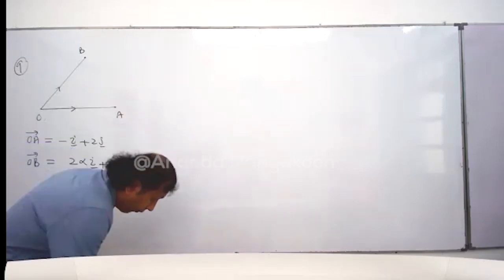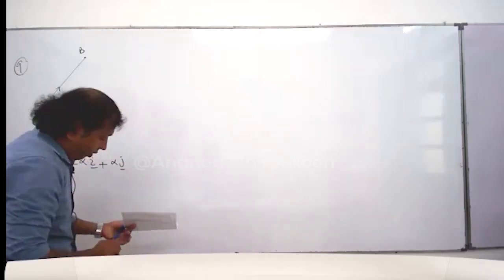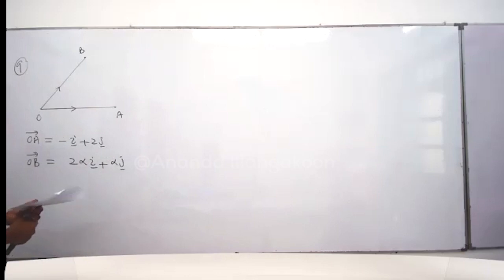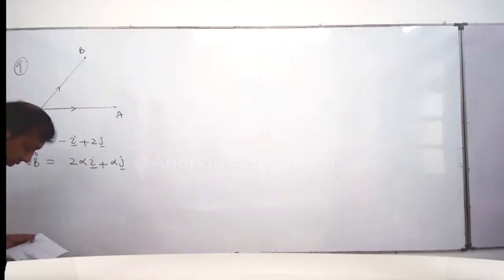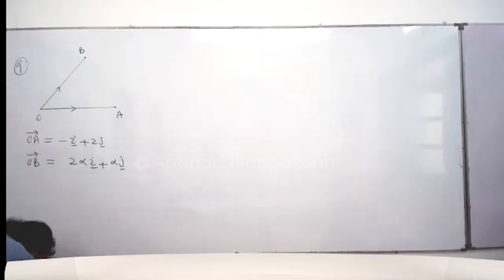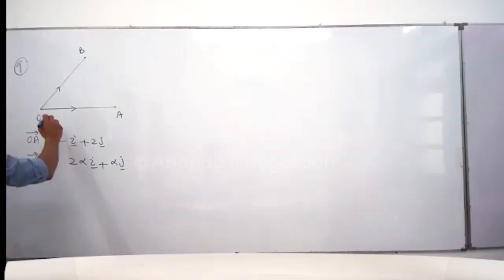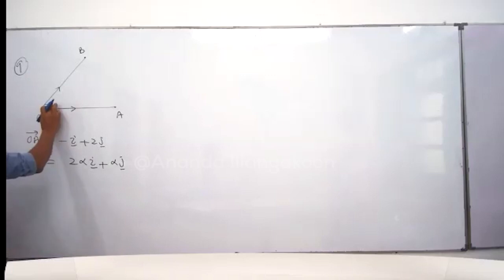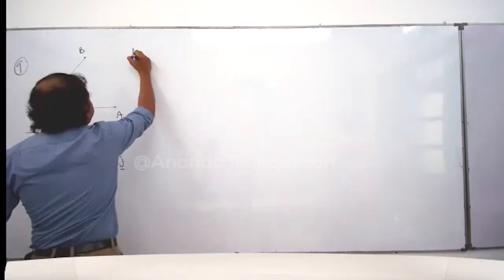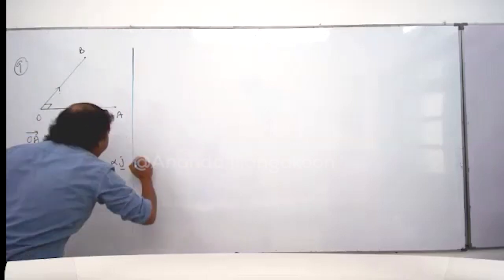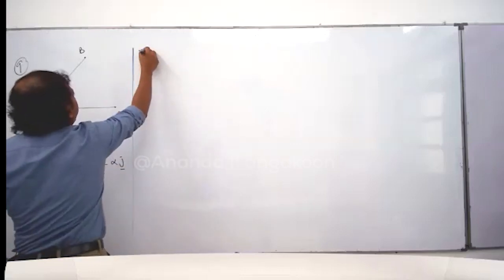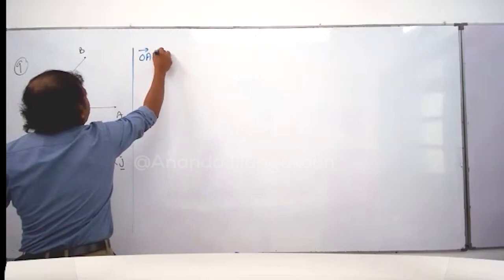Right, people, angle AOB is pi by 2 means we have to prove OA vector and OB vector are perpendicular. That means we have to prove this angle is 90, no? To show that, I take OA vector dot OB vector.